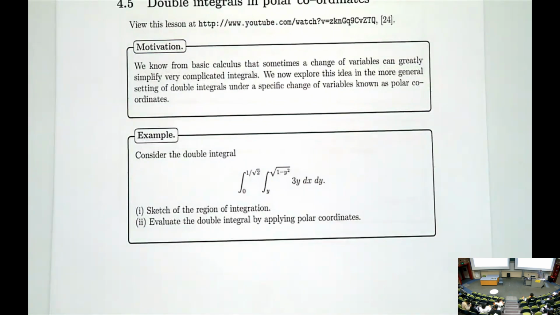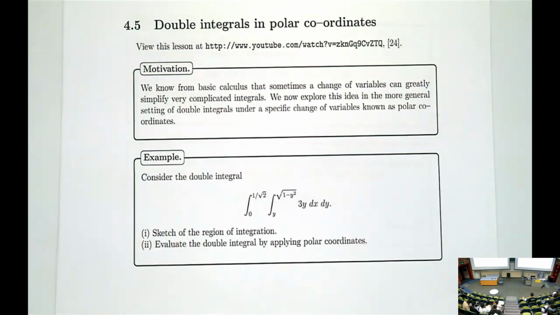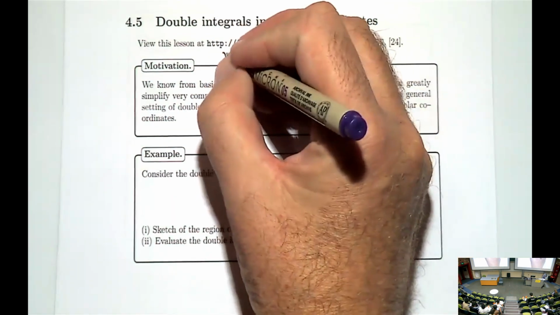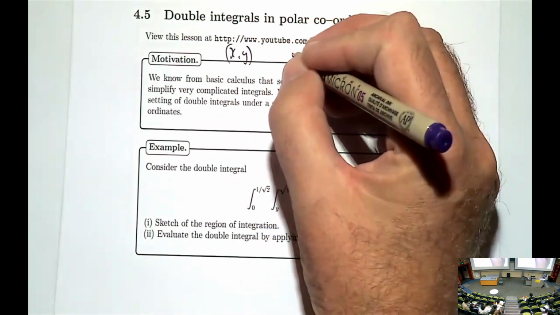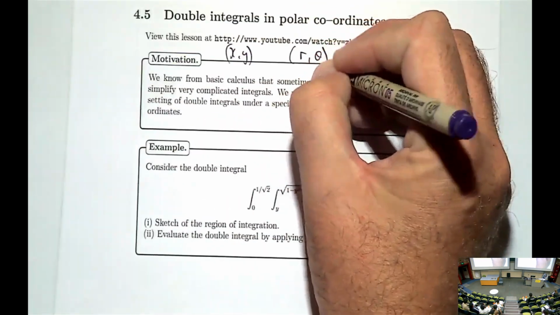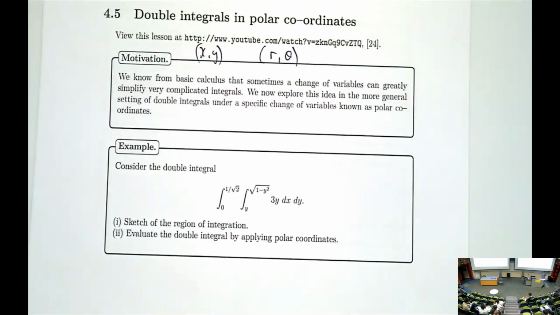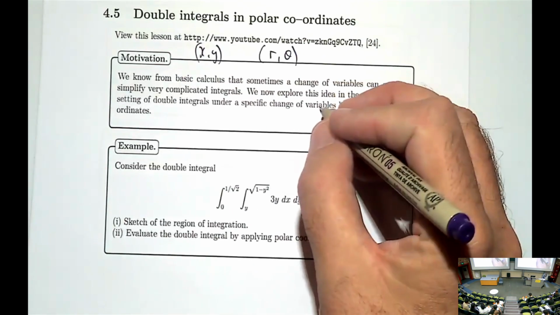Now, remember polar coordinates. Instead of horizontal and vertical, what have we got with polars? We've got distance and angle. So instead of x and y, we've got r and theta.